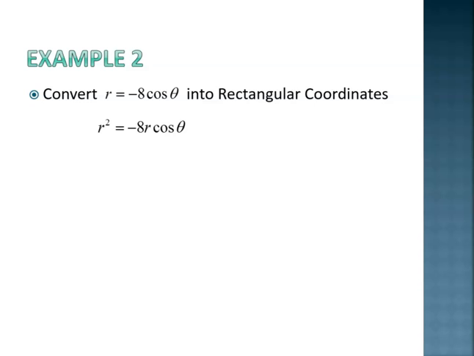So this left-hand side is x squared plus y squared, and on the right-hand side, remember we were trying to make it so that we had r cosine theta nicely lined up there. We can replace that with x. So on the right-hand side, we have negative 8x. And again, we're just trying to write the equation, instead of being in terms of r and theta, in terms of x and y, which we were able to do successfully.